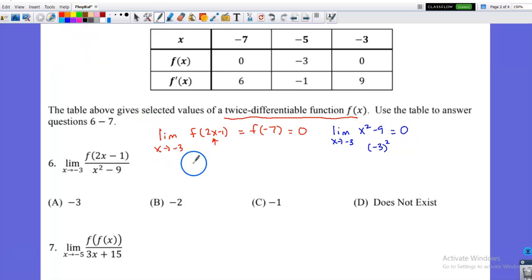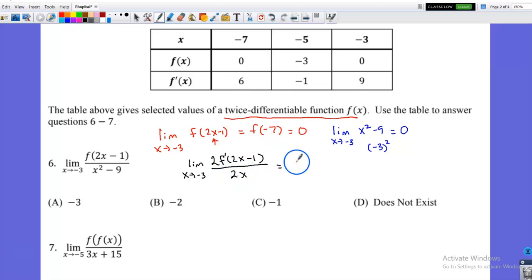L'Hopital says now I can find the limit as x approaches -3. Take the derivative of the numerator. Don't forget the chain rule. The derivative of f is f prime, that's the derivative of the outside. The derivative of the inside is 2. Don't forget the 2, the chain rule. In the denominator, the derivative is simply going to be 2x.